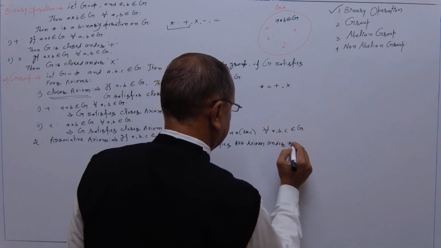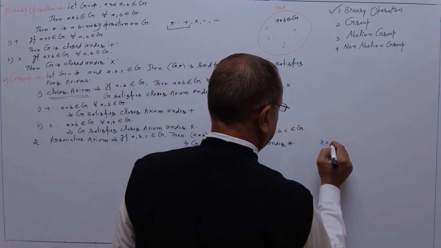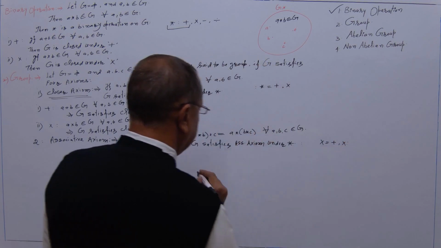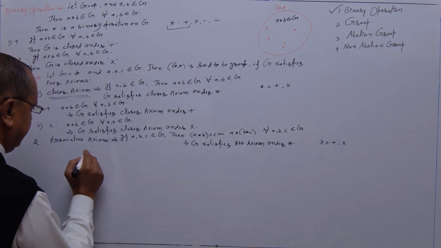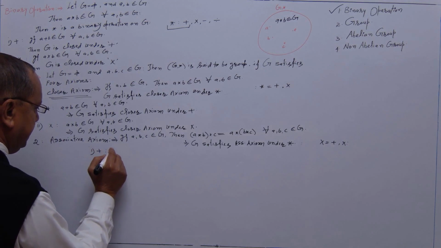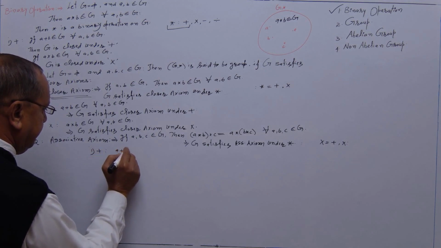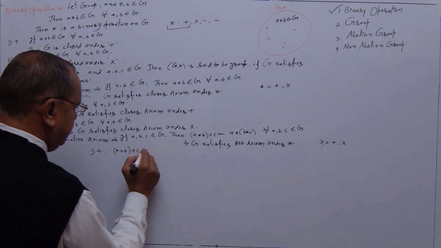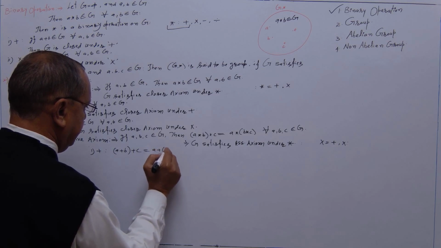Okay, and this operation star may be addition as well as multiplication. Number one, in the case of addition, (a plus b) plus c is equal to a plus (b plus c).